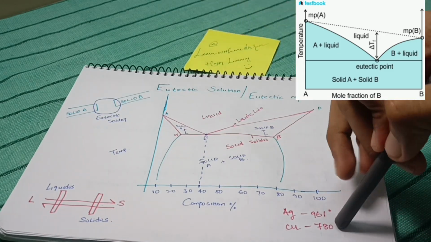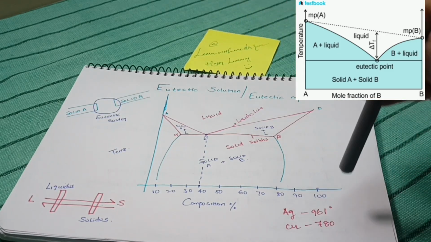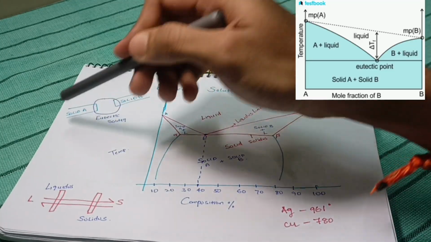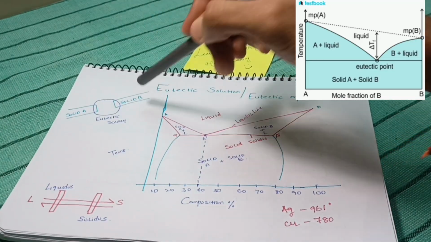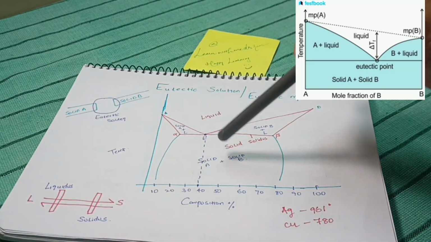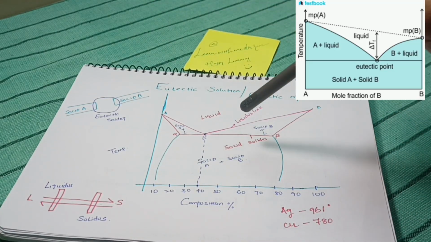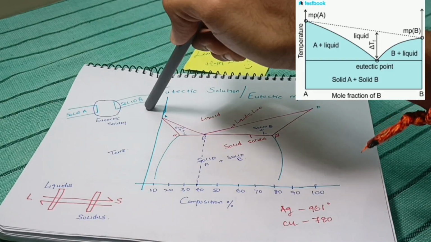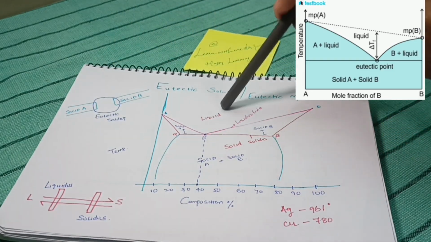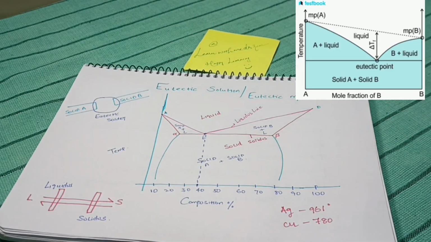If I am getting 780 degrees centigrade, for me to solder these two metals, solder A and solder B metal, I need a melting temperature or melting solder point which should be lower than these two. Then it will be easier for me to solder, right?